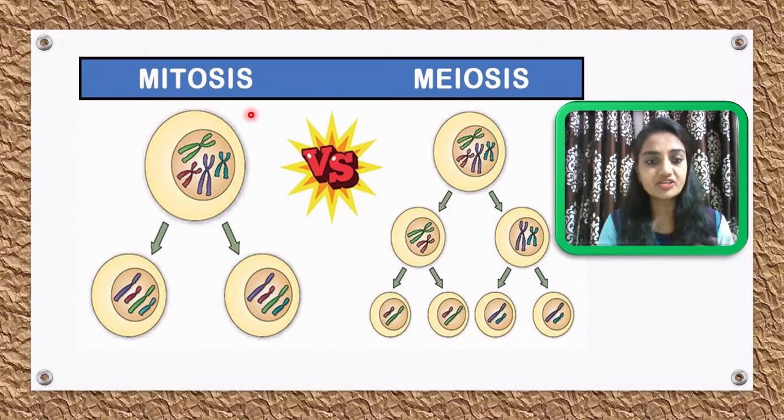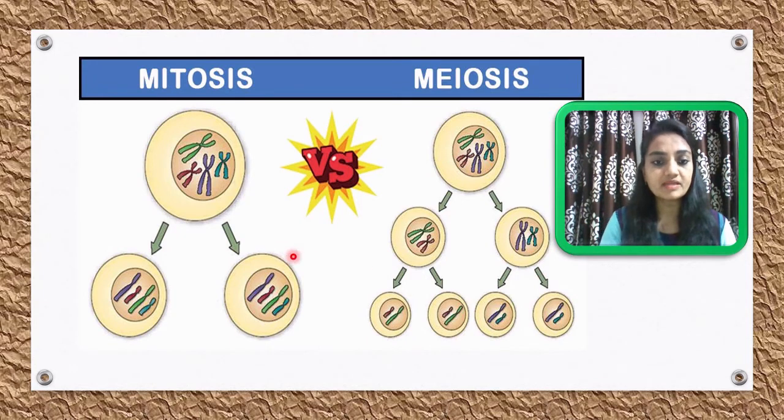So let me differentiate between mitosis and meiosis. What are the differences between them? Here you can see a diploid number of chromosomes, a 2n number of chromosomes, and the offspring or daughter cells will also have a diploid number of chromosomes. But in meiosis, the number of chromosomes is diploid at the initial level, and after two divisions it is converted into a haploid structure.